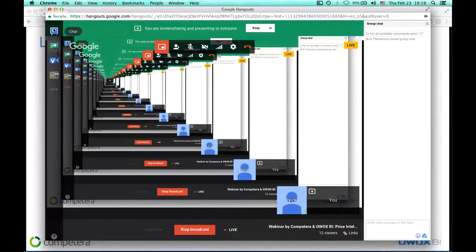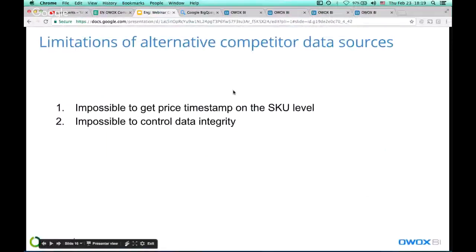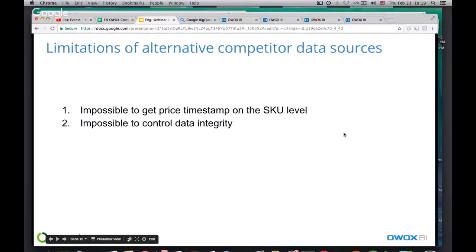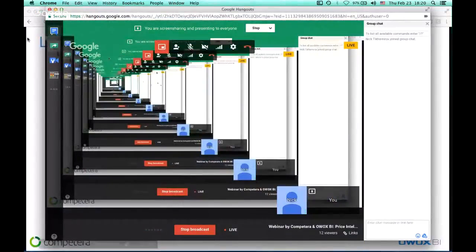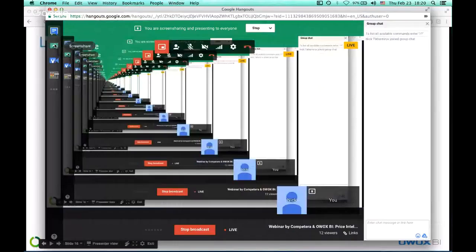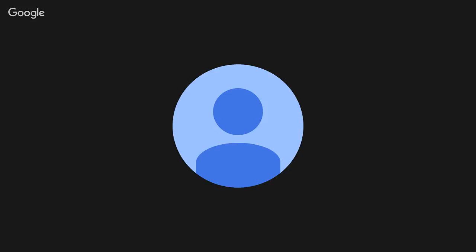Basically, the first point about using alternative sources of competitive data is that most of them lack a timestamp for each competitive data point. For example, if you take prices from open source price comparison websites, there is no evidence of price actuality.